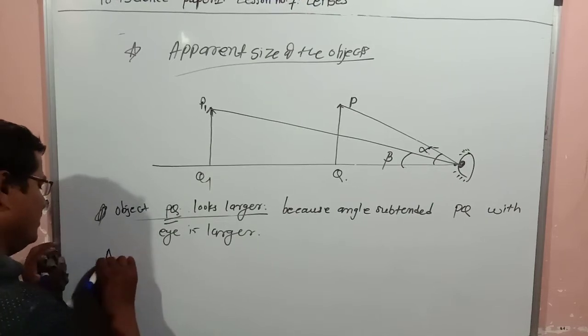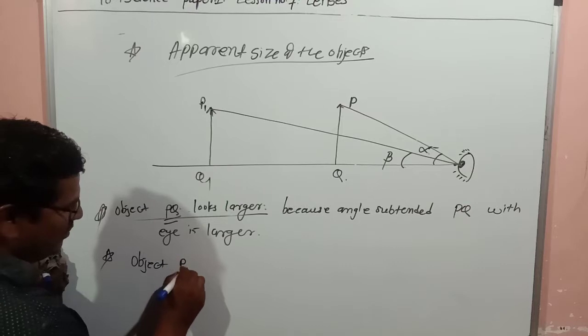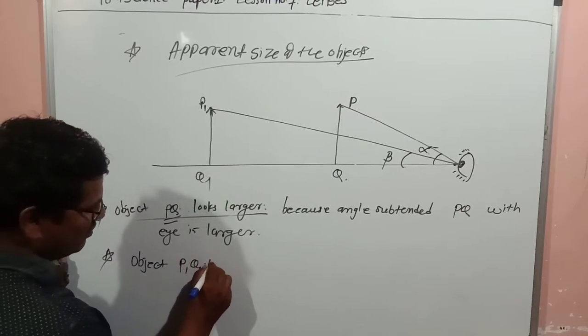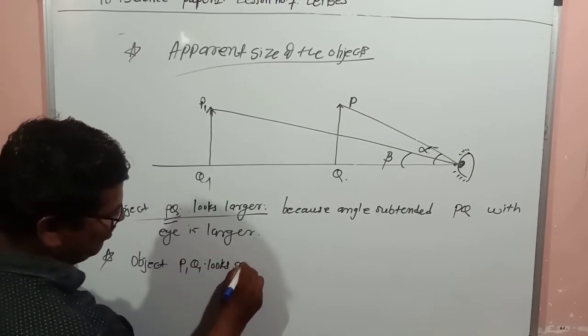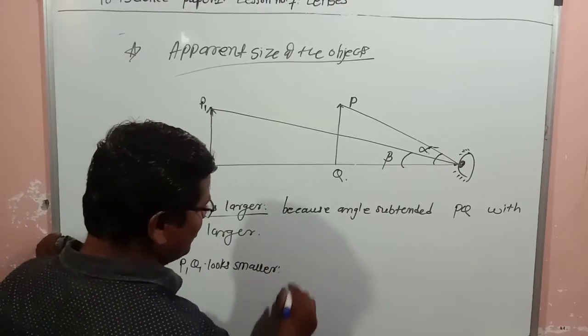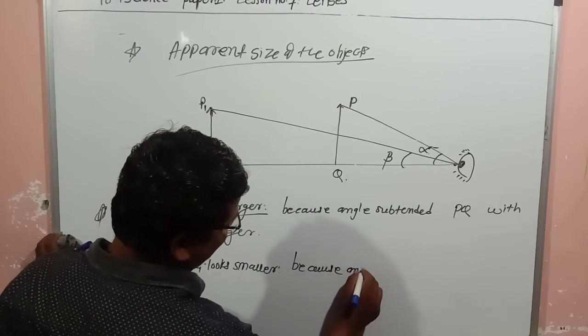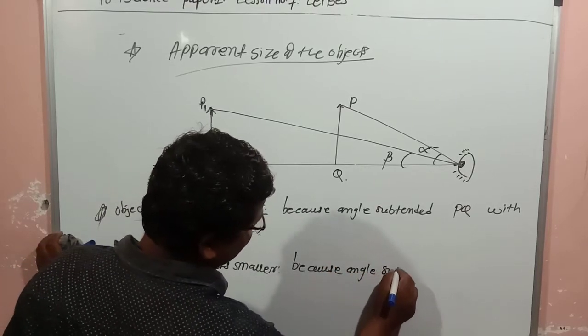And the second object, P1 Q1, looks smaller. Why is it looking smaller? Because of the angle subtended.